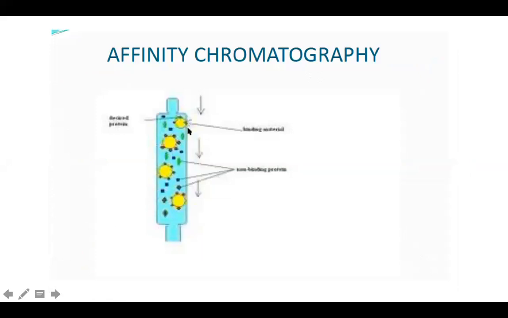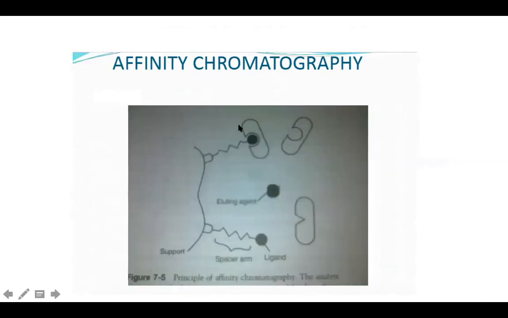So here you see, some compounds show higher affinity and bind to the ligand, and they are stuck here, and those that show less affinity pass through the column. So the ligand hooks in this way. Here you see the ligand helps; a certain compound has higher affinity to bind with the ligand, and it moves slower, and other proteins then pass through the column.